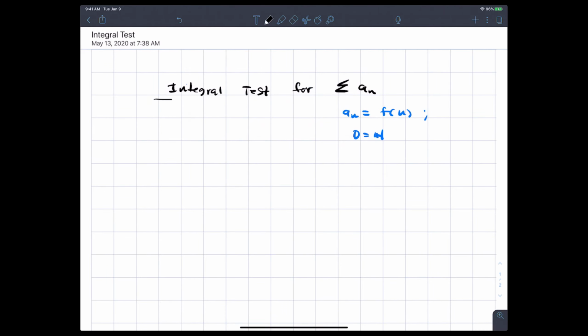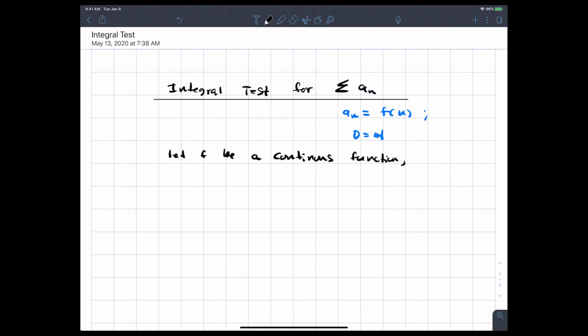And so here's what the integral test is going to be. We're going to let f be a continuous function. That's one thing.